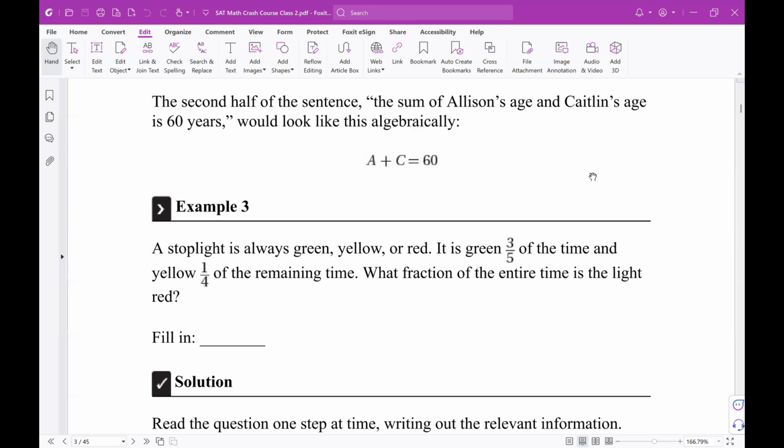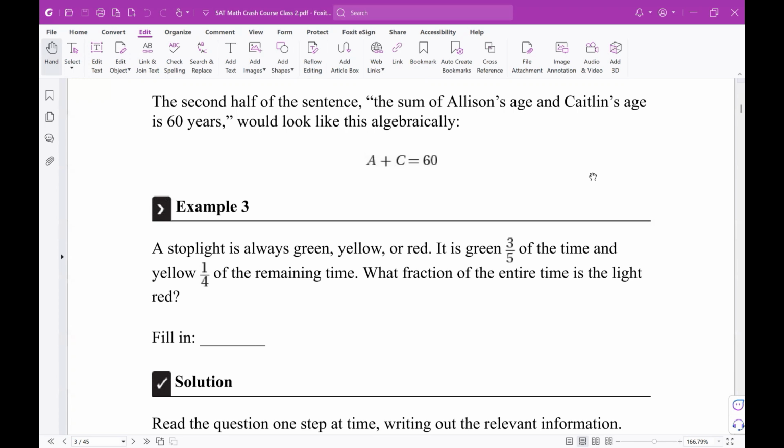So, we can think that a stoplight consists of three different types of light: the green light, the yellow light, and the red light. The green is 3/5 of the time. So we just need to consider the whole time as a variable.